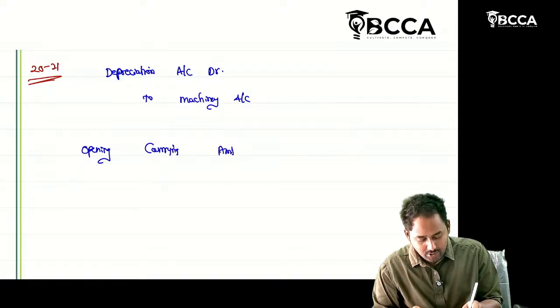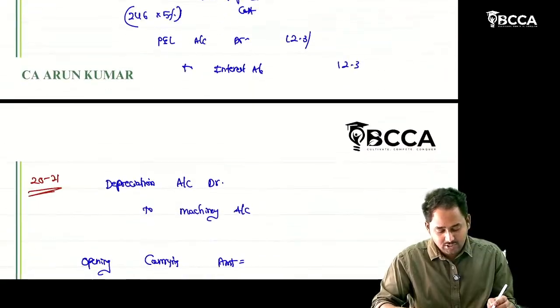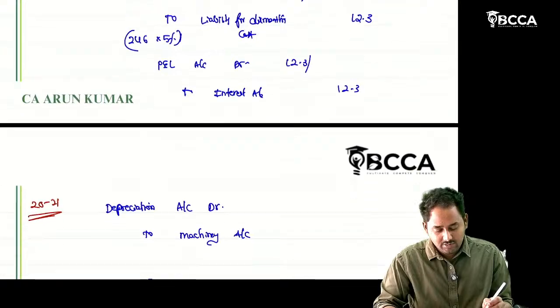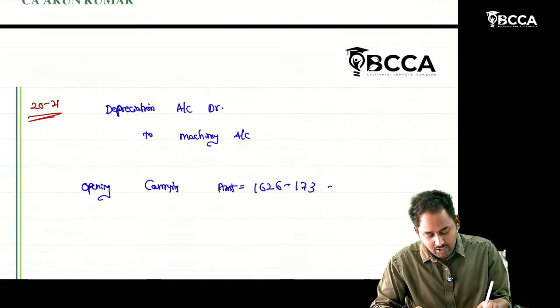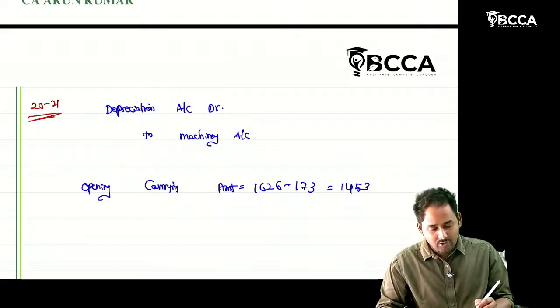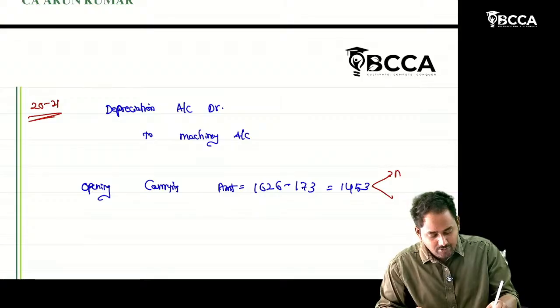Already we have recognized the asset at 1626. Out of 1626 the depreciation is 173, so the opening carrying amount is 1453. Out of this entire 1453, what is the opening carrying amount with respect to the main component and the additional component?